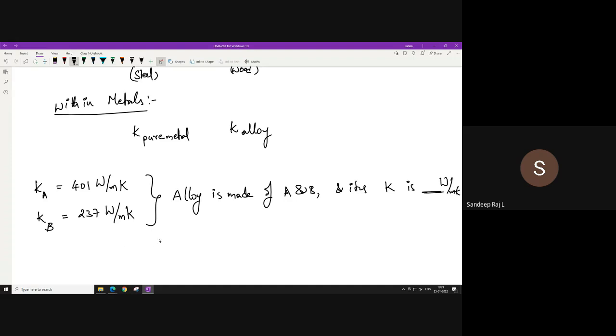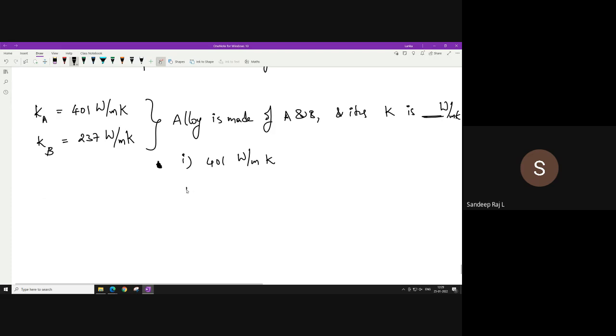You have options here. Option 1, the thermal conductivity is 401 watt per meter Kelvin, the second one is 237 watt per meter Kelvin, the third one is (401 plus 237) by 2 watt per meter Kelvin, and the fourth option is 52 watt per meter Kelvin.